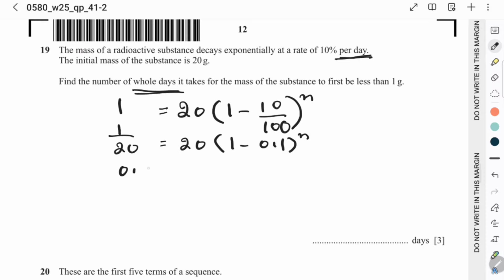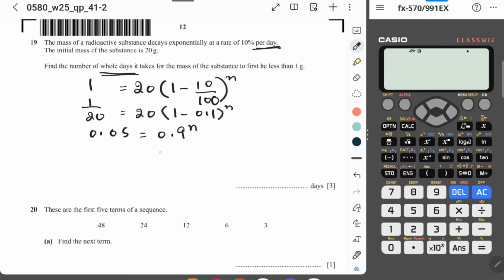So 0.05 is equal to 0.9 to the power n. Either you just try different values of n and find where it comes, or use the log method. I'm using the log method right now, and then I'll show you some calculations as well. n log of 0.9 is equal to log of 0.05. So n is equal to log of 0.05 divided by log of 0.9.